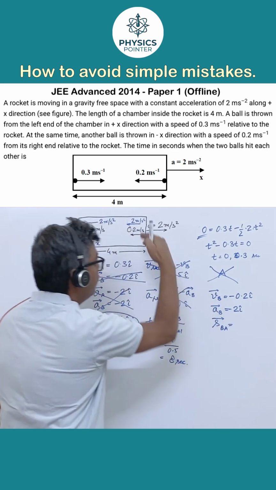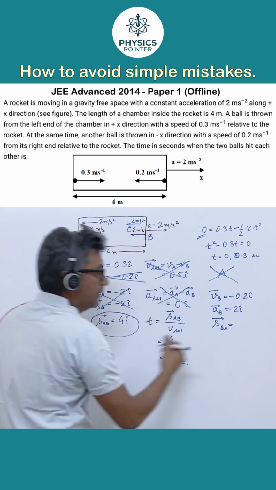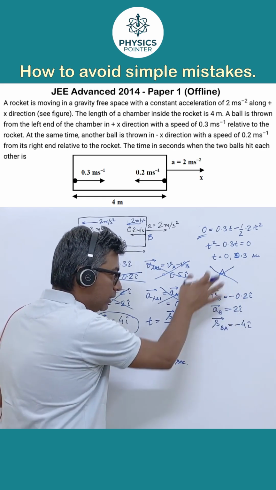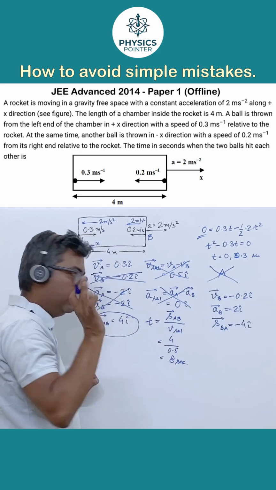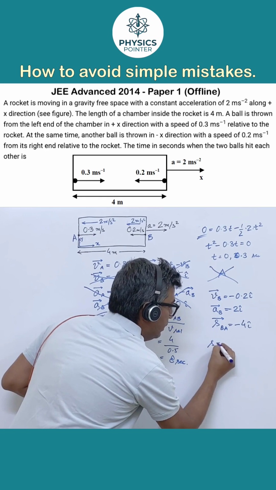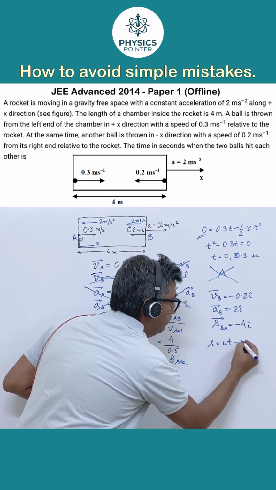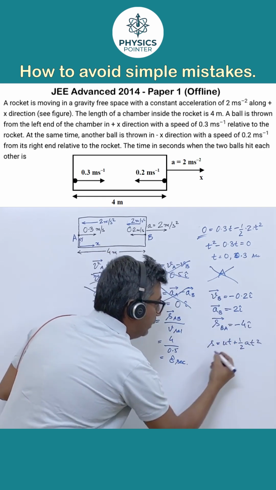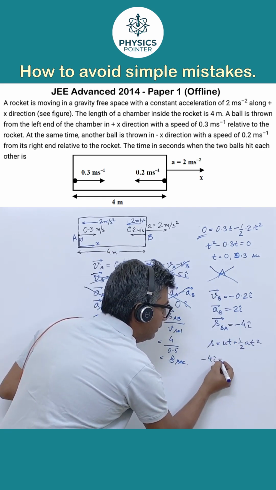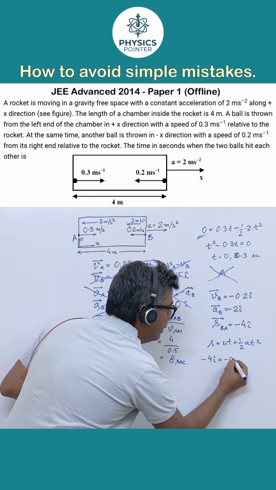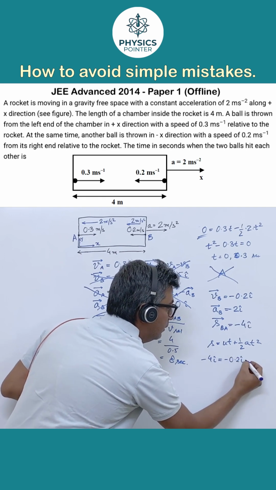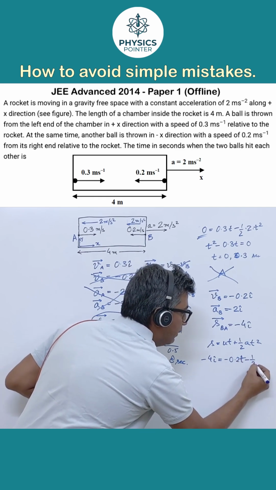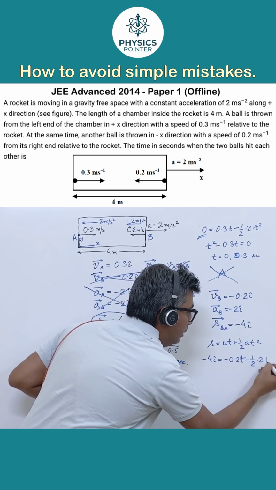And because it's moving from this direction towards negative x-axis, now it will be minus 4I. Now, you put all these things in the equation of motion. We will use S equal to ut plus half at square, that formula. If you put it like this, it will be minus 4I equal to minus 0.2I, sorry, not I, it will be T minus of half into 2 into T square.